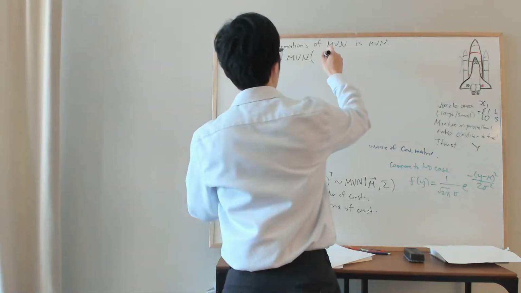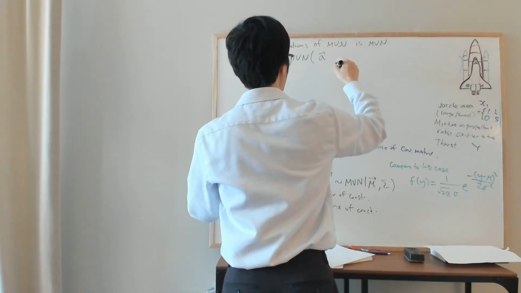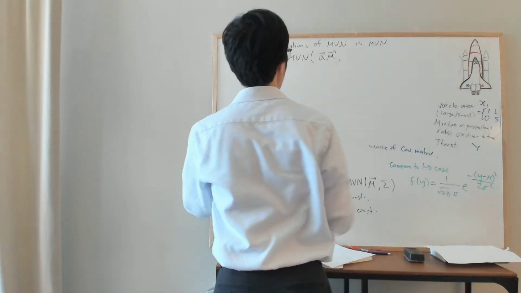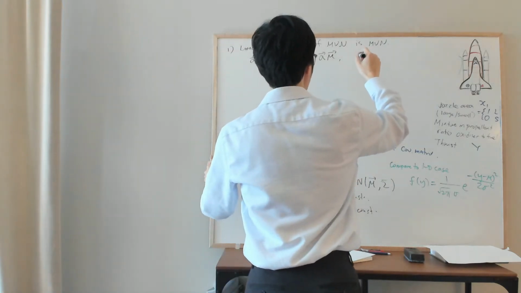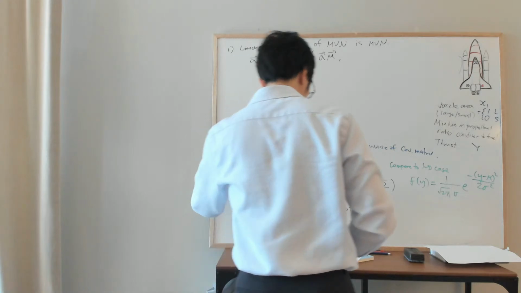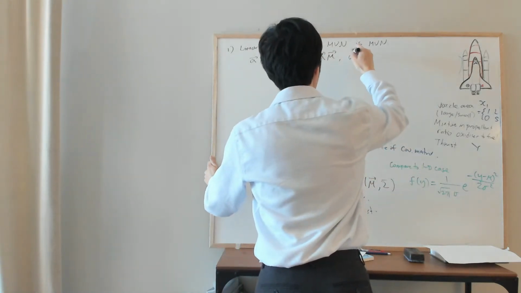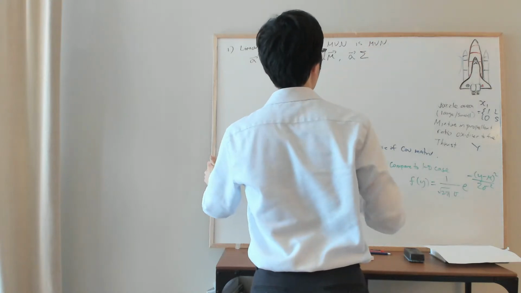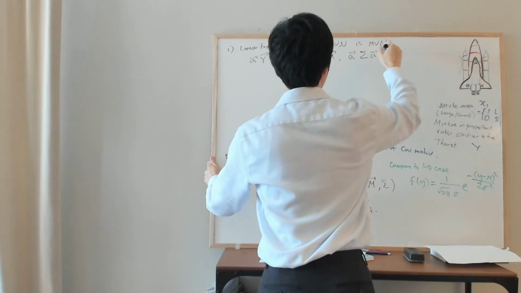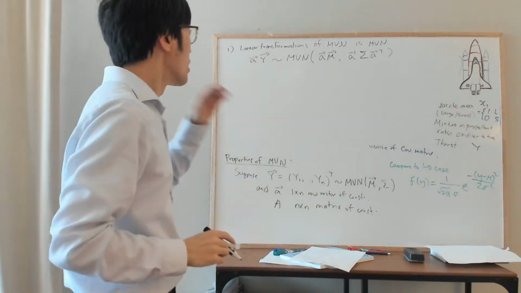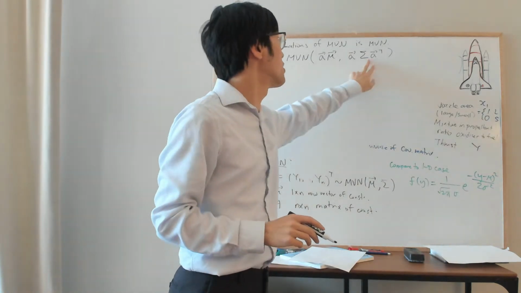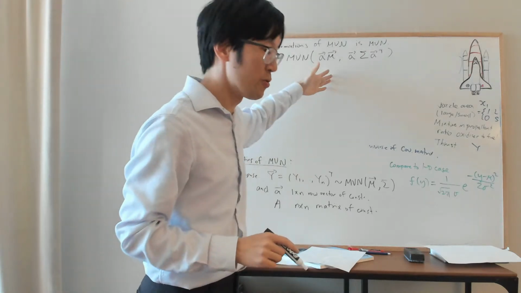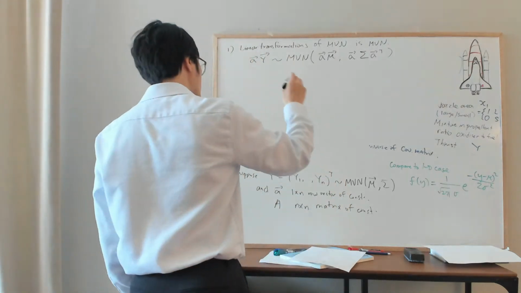This mean is simply A times the mean vector of Y. And for the variance part, we have A times the covariance matrix of Y, so it's A sigma A transpose. So we already know that it has this mean and variance. This property just tells us it is normal with that mean and variance.